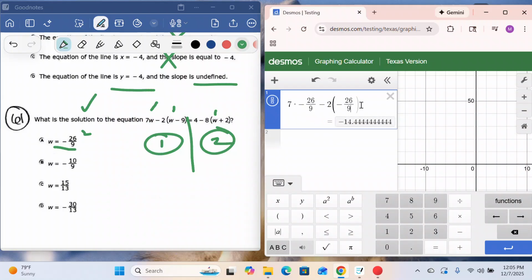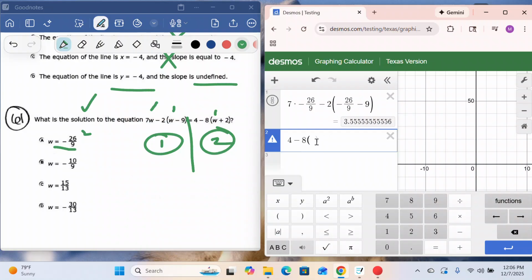And then I'm going to go ahead and put my space so I can get it right there. And I'm going to put -9. Close parentheses, and remember in place of the W, I'm going to put -26. And then I'm going to put my second one here, and this is 4 minus 8, open parentheses. I'm going to go ahead and put W right here. So then the W pretty much gives us our answer.